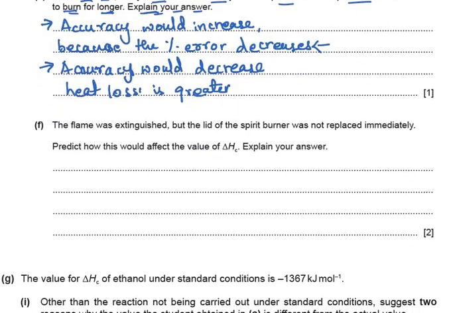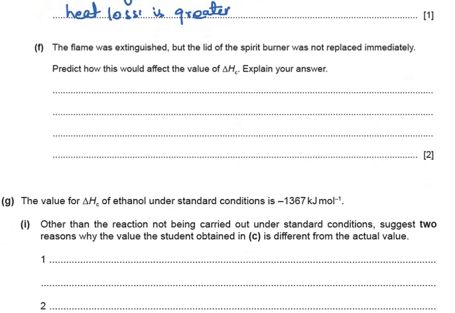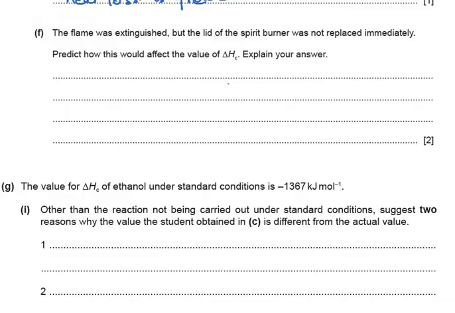Let's go ahead with the next part of the question here. It says that the flame was extinguished but the lid of the spirit burner was not replaced immediately. Now predict how this would affect the value of delta Hc, that is the enthalpy of combustion, and explain your answer. So before predicting the answer, let's first understand what is going to happen if we don't extinguish the flame immediately with the lid on the spirit burner.